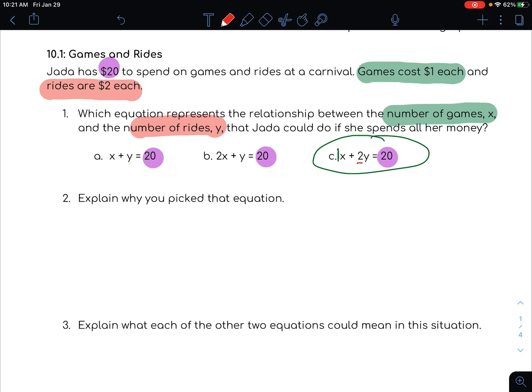All right, so let's just basically write in words what we were just talking about there.